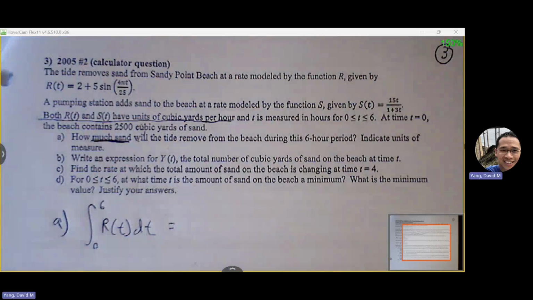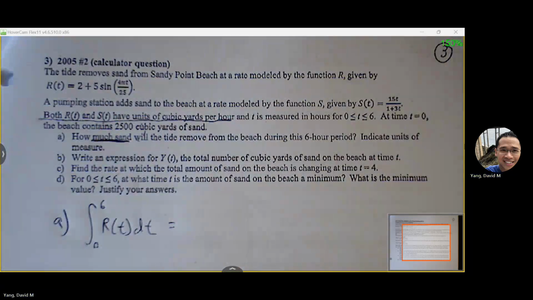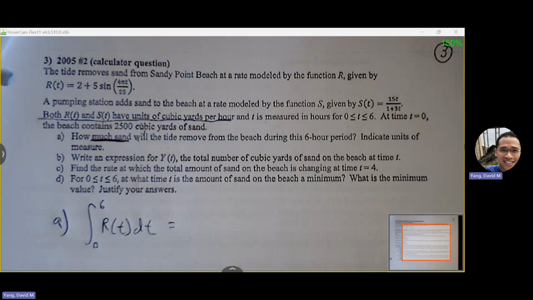Okay, plug that into your calculator. Make sure that you are always in radian mode. And just double check, click on mode, make sure you're in radian mode. You can enter it directly into your Math 9 line, or you can put it under Y1.